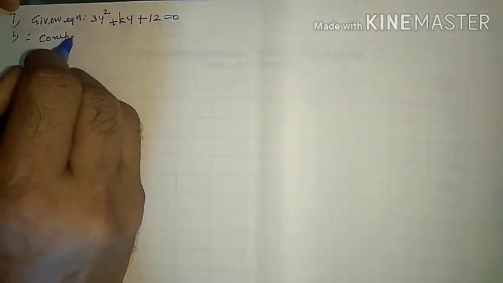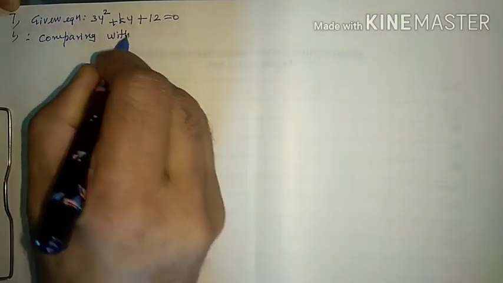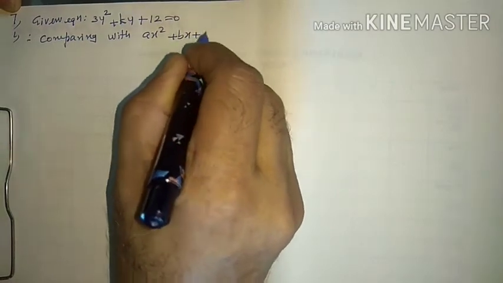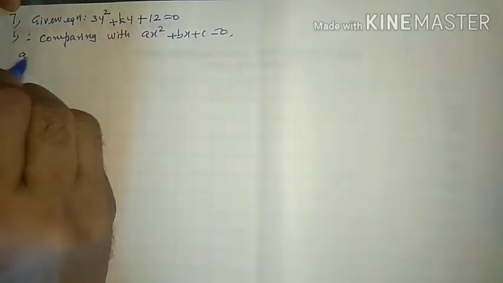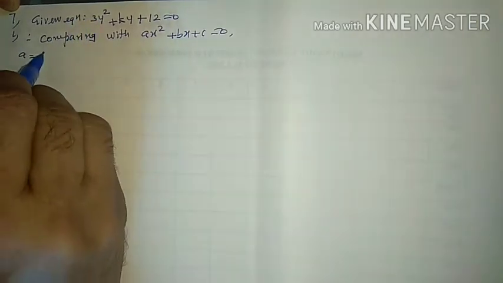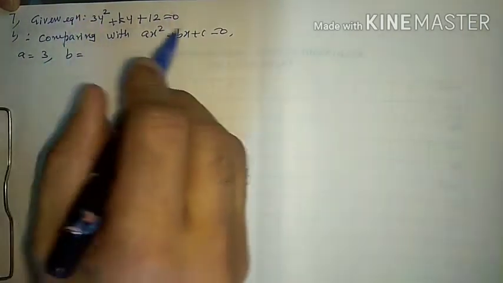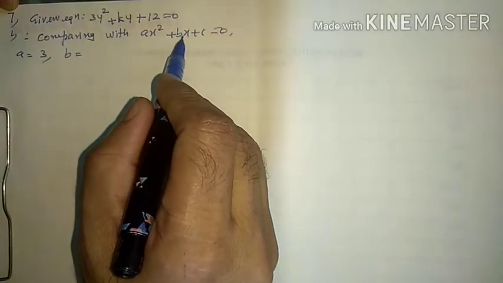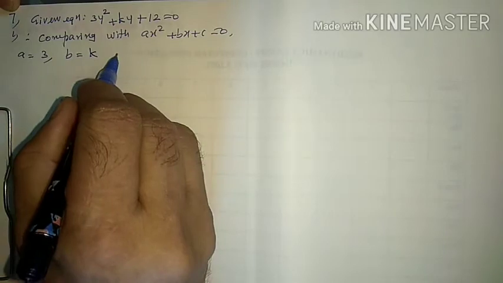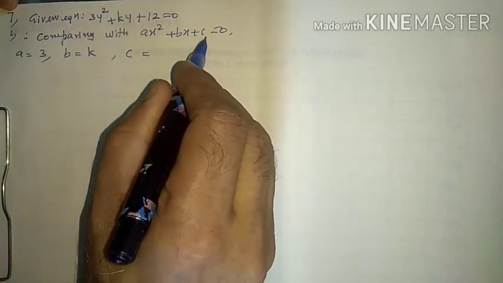Comparing with the general equation ax square plus bx plus c equal to 0. What is the value of a? The quadratic term coefficient, 3. What is the coefficient of x? That is here k. And what is the value of c? 12.